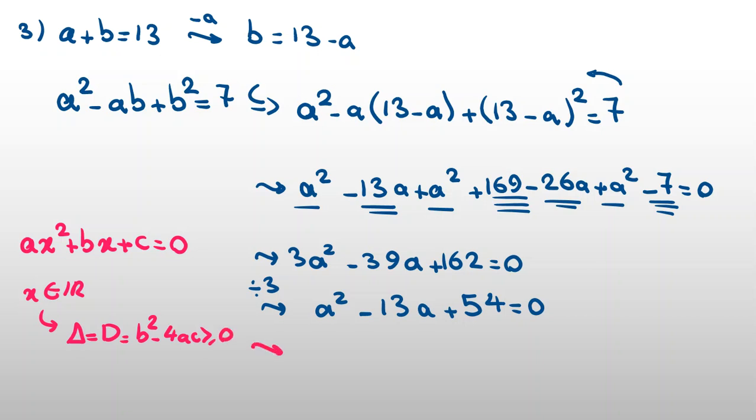So if we use it here, delta is negative 13 squared minus 4 times 1 times 54, equal to 169 minus 4 times 54, which is 216. This is less than 0. So here we can't find any answer.